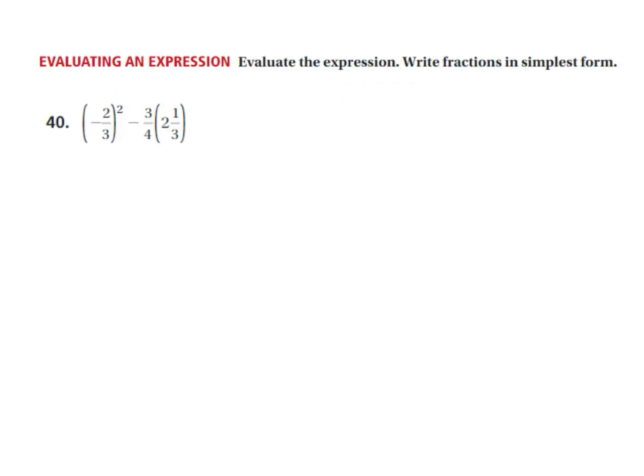Number 40 says that we have negative 2/3 squared. So that means that we're going to have negative 2/3 times negative 2/3. And then we're going to take away 3/4 times 2 1/3. So let's just change that right away to an improper fraction. 2 times 3 is 6, and another is 7.